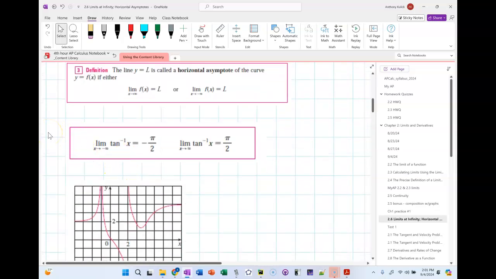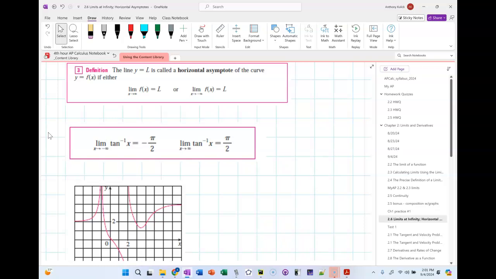So from a definitional standpoint, tan inverse, maybe that's what we were thinking. Somebody said tangent back here, right? Tan inverse also has two different horizontal asymptotes, right? Because you remember one period of tangent looks like this. So when you rotate it, you have that guy.